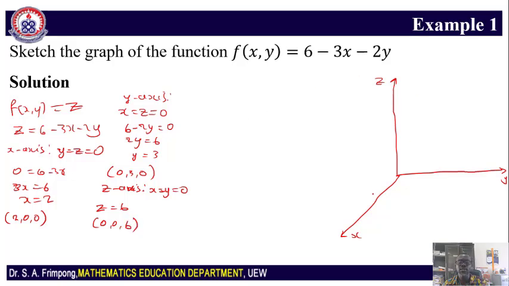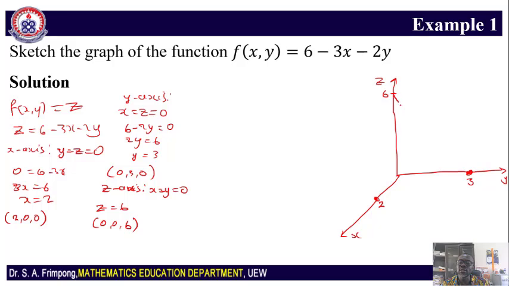So these are the points that we plot on the axes. If you pick the point 2, 0, 0, it means x equal to 2 comes somewhere here. And then the point 0, 3, 0, y equal to 3 comes here. And then 0, 0, 6, z equal to 6 comes here.